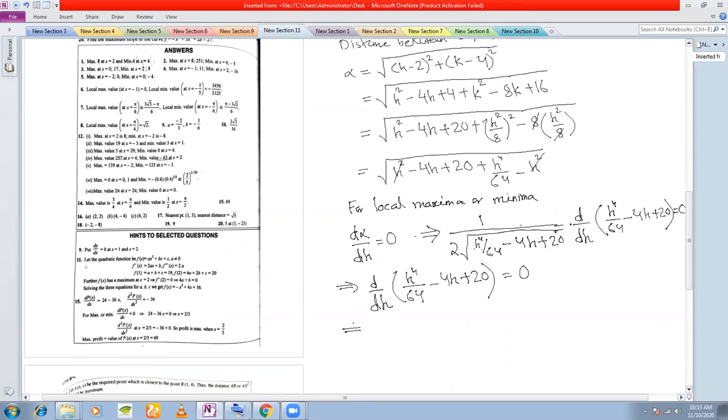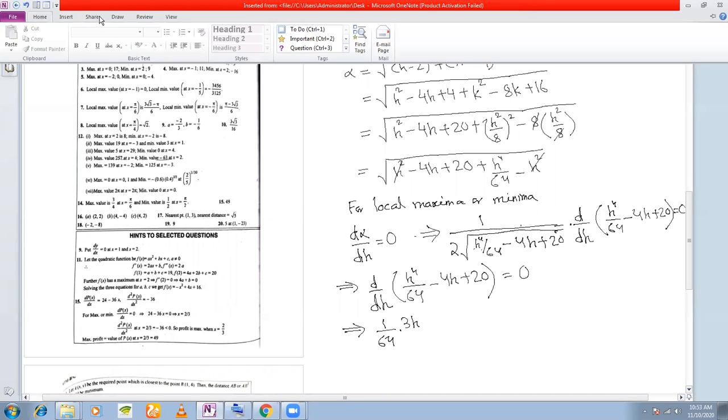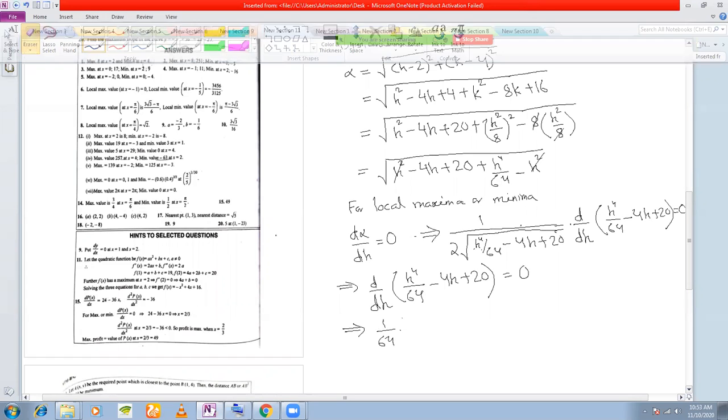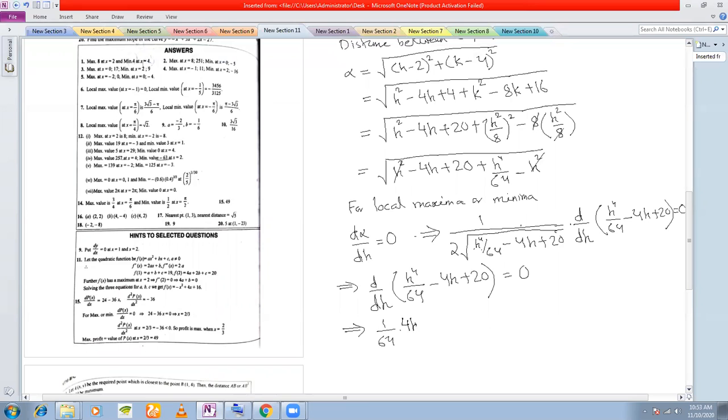Now you differentiate this, you get 1 by 64 into 4h cube, minus 4 is equal to 0.